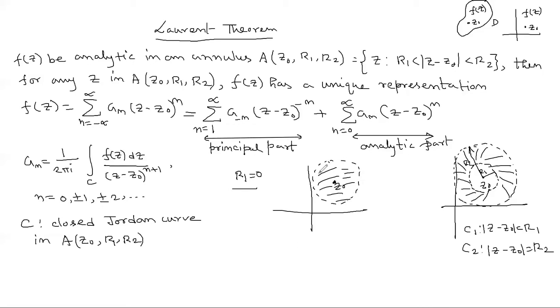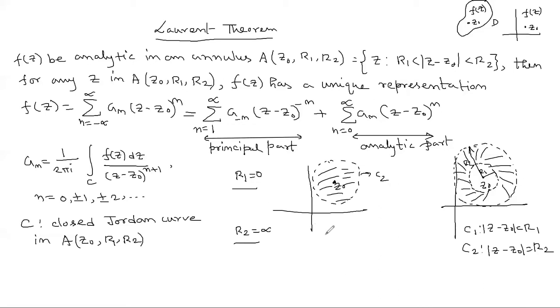This is an annulus region. Similarly, this is the circle C2, and the function f(z) is analytic inside C2 except the point z0. Now if r2 is equal to infinity, that means the larger circle has center z0 and radius infinity.